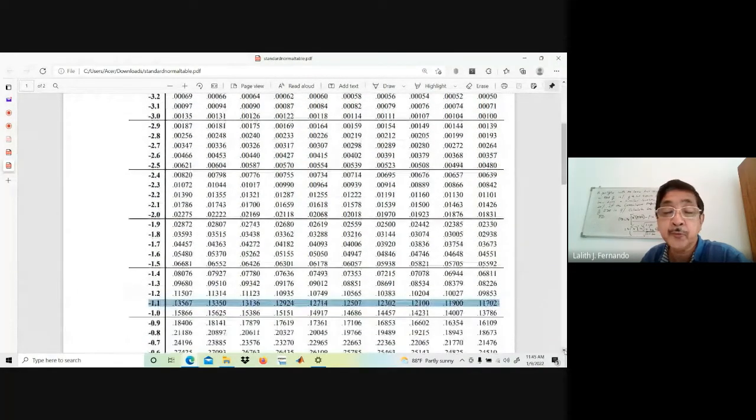So we can say minus 1.17, but it is not the case because it is exactly not the same. But there's a difference of 0.00100. So that difference will be somewhere here. So then that difference is 50% of the particular gap.